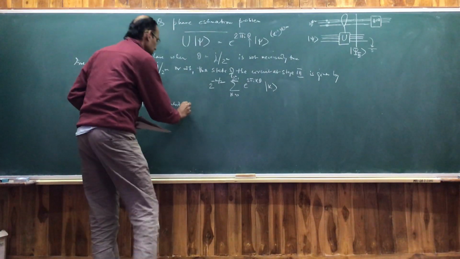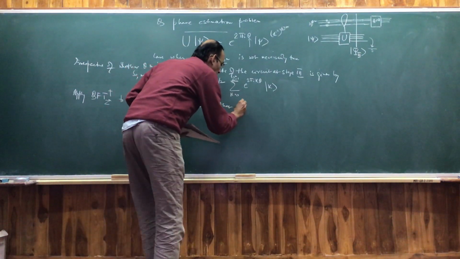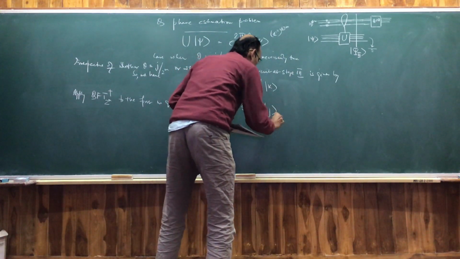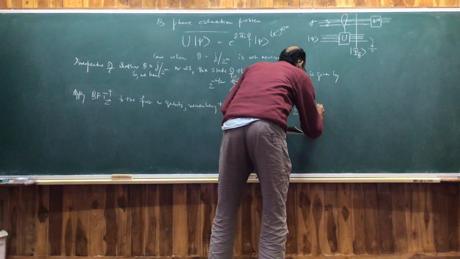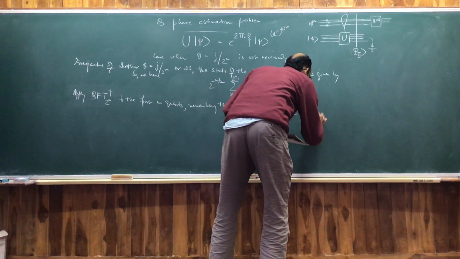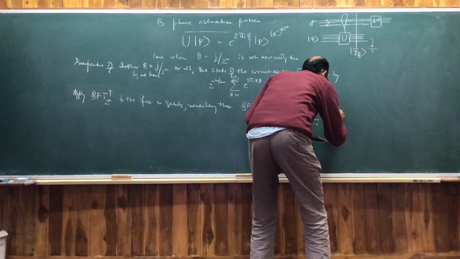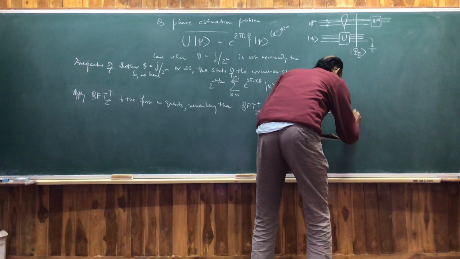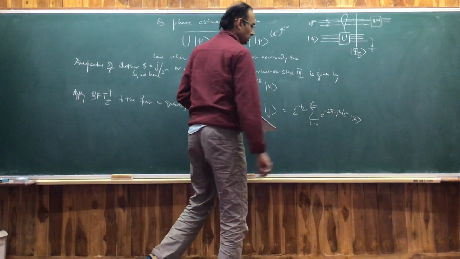So remembering that this acting on J is 2^m by 2, yes, with this minus sign there.